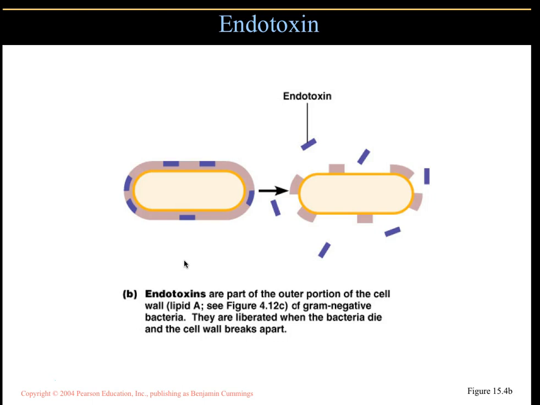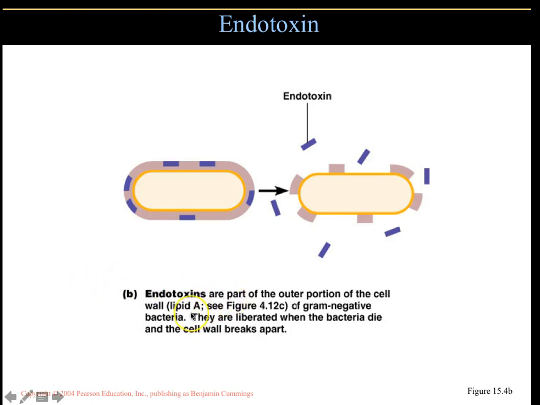It's when you kill the bacteria that has the endotoxin, and the death of the bacteria will release it. Or something happens that the endotoxin is released. Very often it has to do with when you kill the bacteria that contain the endotoxin. That's the easiest way to release it.